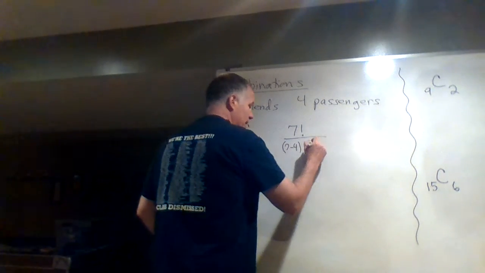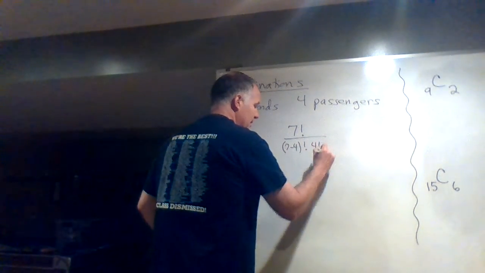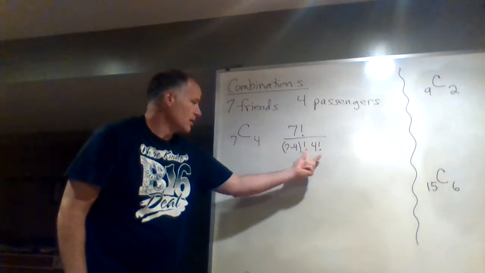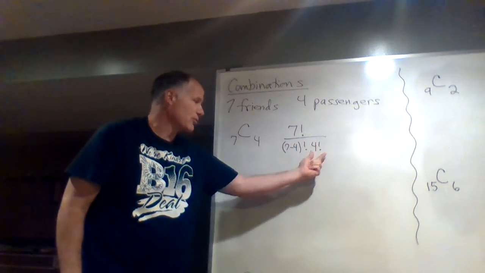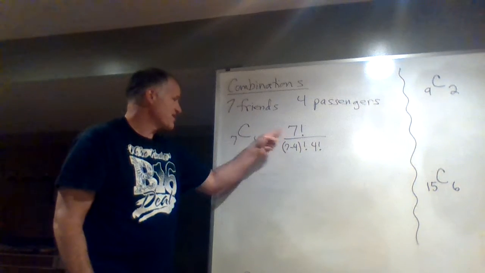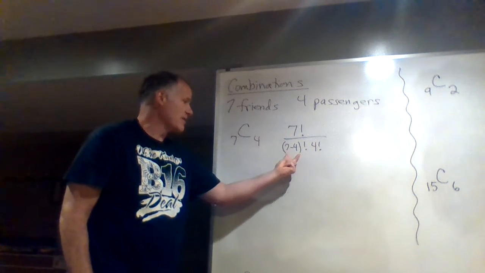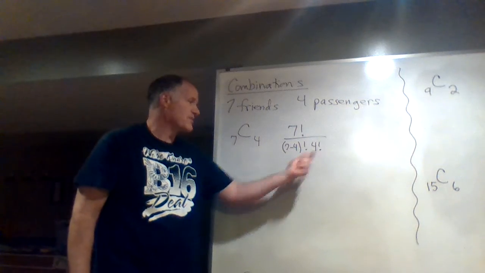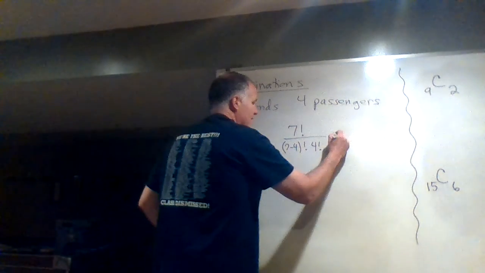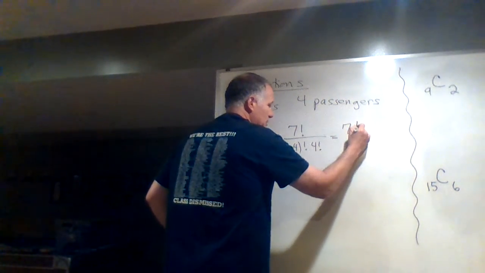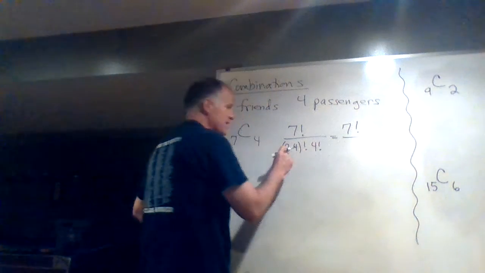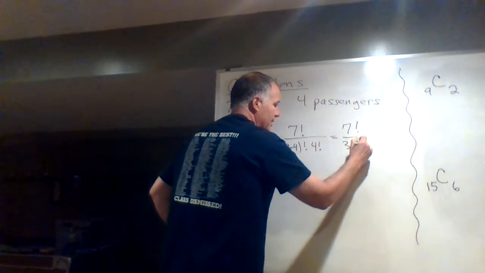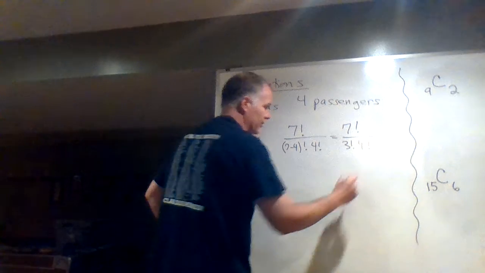So the extra is actually the other factorial, 4. So the other number is a factorial in the bottom. So you have the top is that big number, the bottom is the 2 numbers subtracted with a factorial, the bottom is that 4 factorial. So we got 7 factorial, 7 minus 4, which is 3 factorial, and then we obviously have 4 factorial.